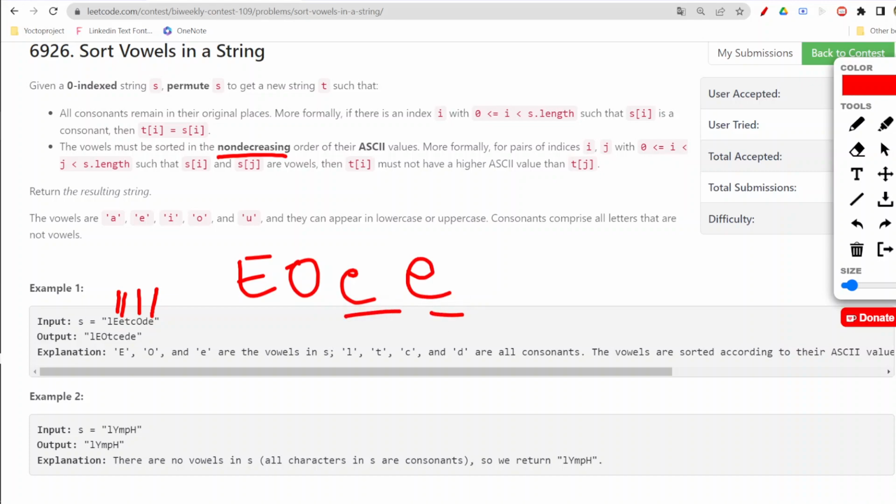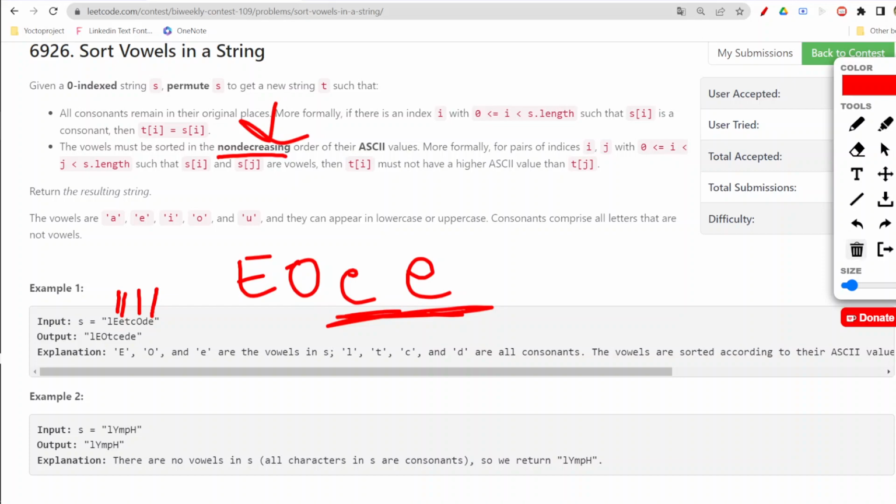That's why they have told us to do the sorting in non-decreasing order, so that it is increasing and duplicates are considered in the same line. We don't need to touch any of the consonants; we just need to sort all the vowels. That is the only thing we are required to do in this question.